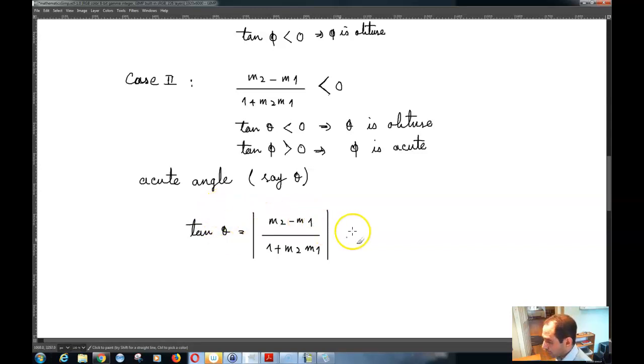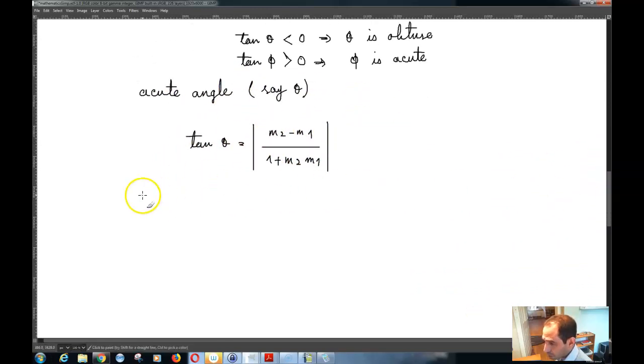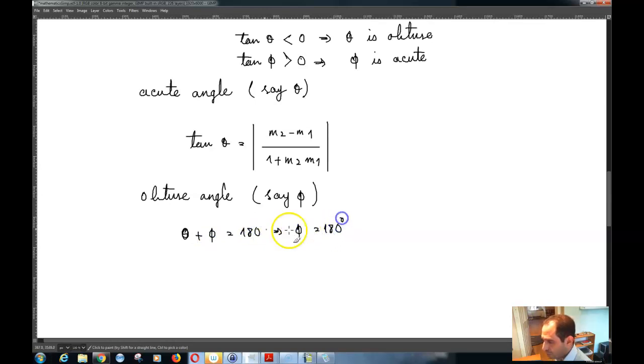And then once you have your acute angle, the obtuse angle, say phi, you can calculate using the relationship between theta and phi. We said that theta plus phi was equal to 180 degrees, so phi is equal to 180 degrees minus theta.